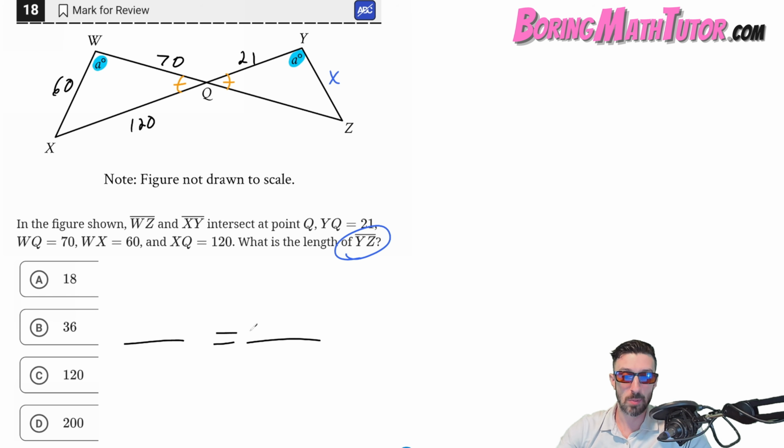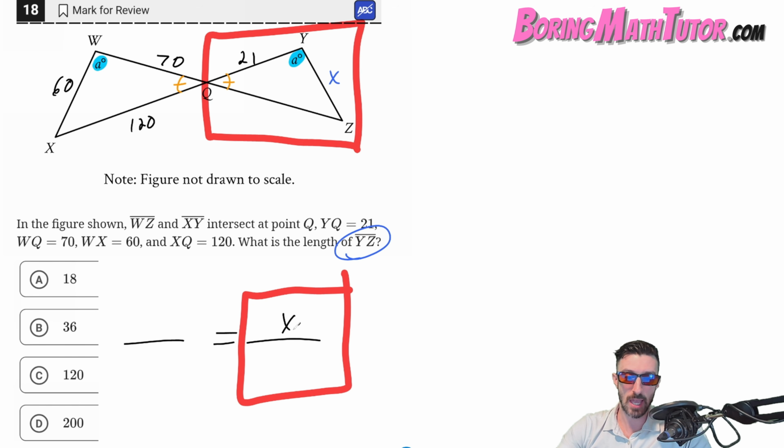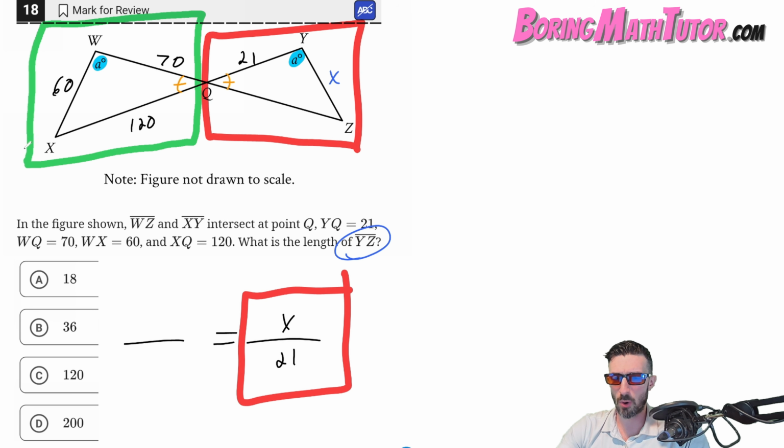proportion. So to set up a proportion here, we definitely need to get X involved if we're going to try to solve for X. So I'm going to set up this one as X over 21 coming from the triangle on the right. But then I want to figure out what the corresponding sides are on this side.